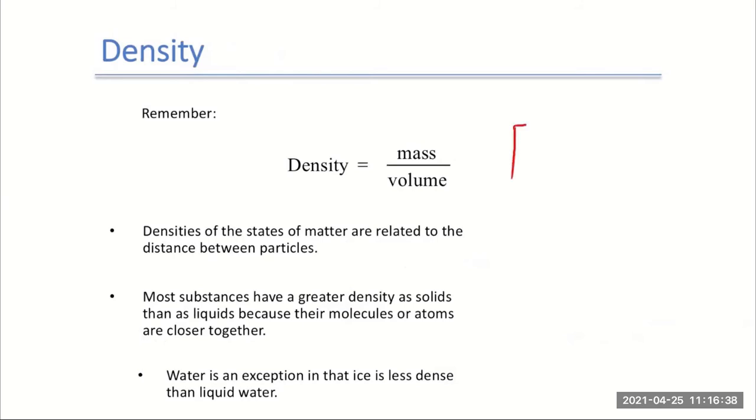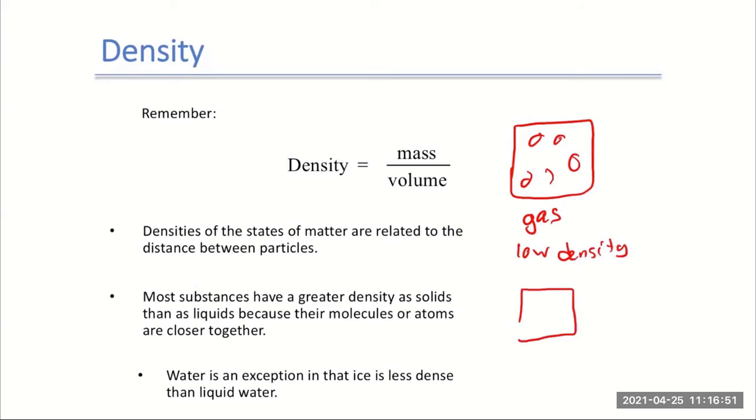That's why in a gas, our particles are so far apart, so it has a low density. Liquids and solids, in liquids, the particles are close together. But since they're flowing freely, there's still little gaps.